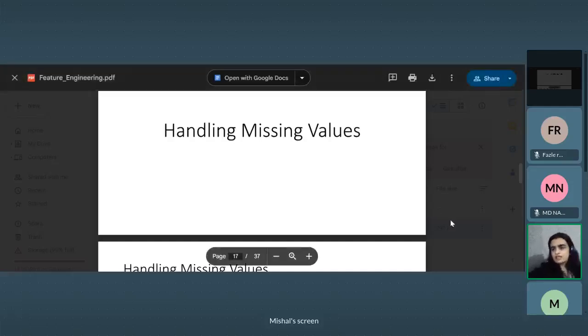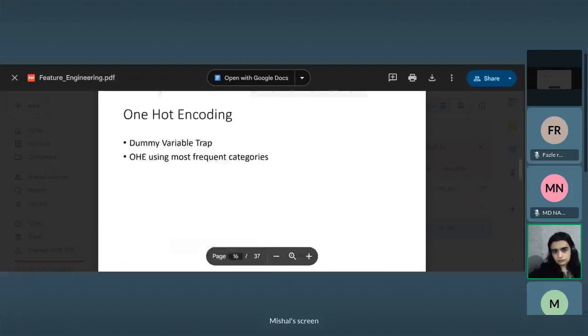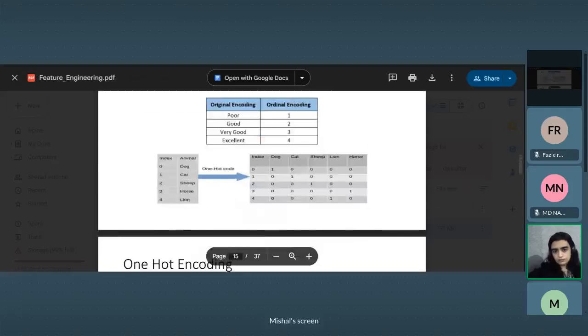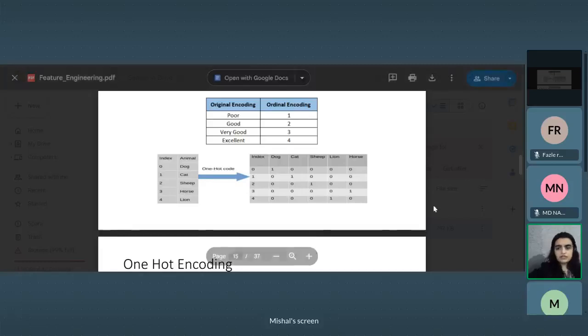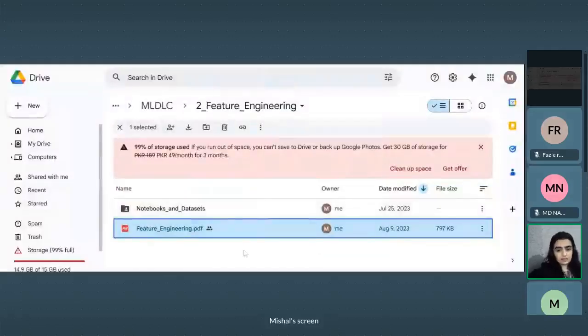If you guys are understanding this, like why it takes more space, more memory, and processing time too: because this one column has converted into 5 different columns, and information is just here. There is no information in these other columns, so they are just taking some unnecessary space.